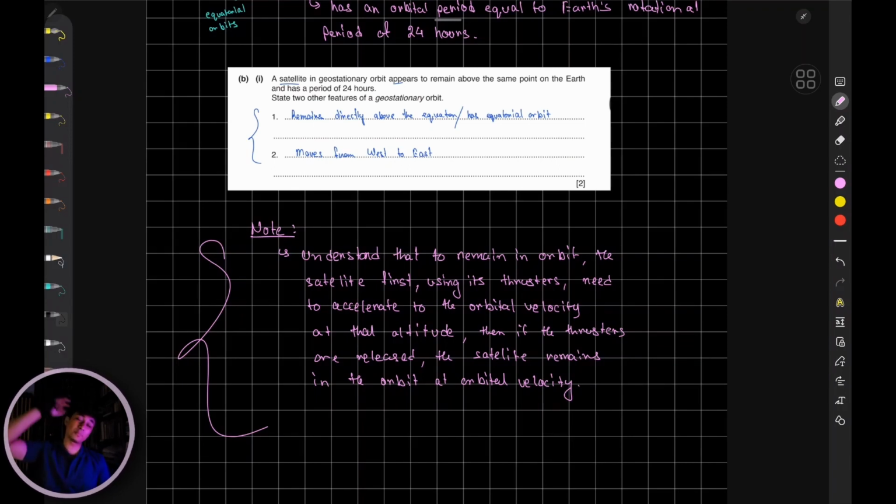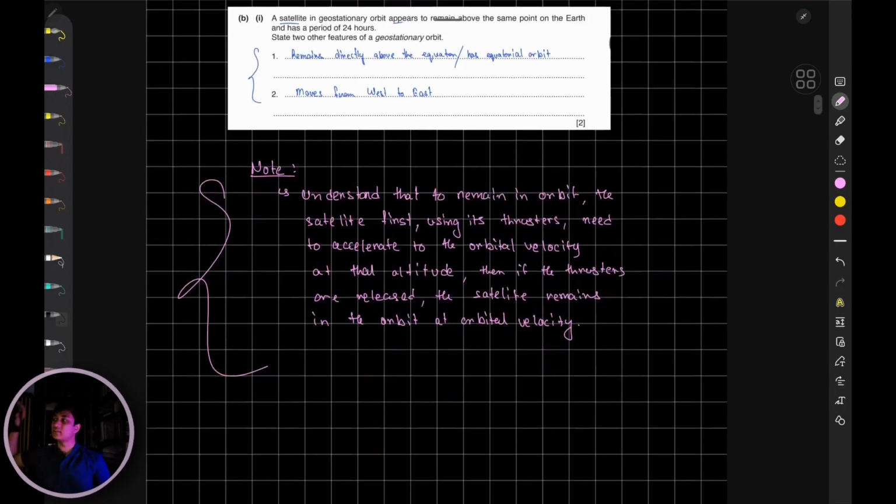We know from the previous video, Earth's gravitational field is going to contribute to the centripetal force. So the gravity itself is going to pull the satellite towards the center, providing the centripetal force. However, you may question, why is the satellite not falling towards the surface of the Earth?